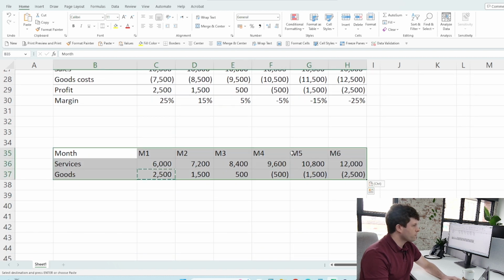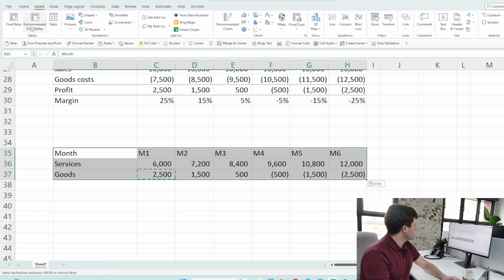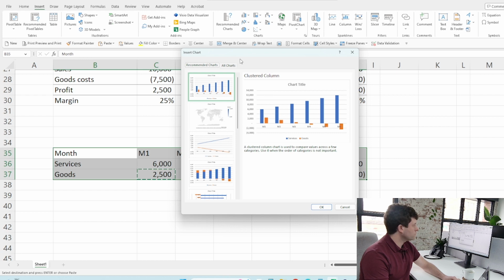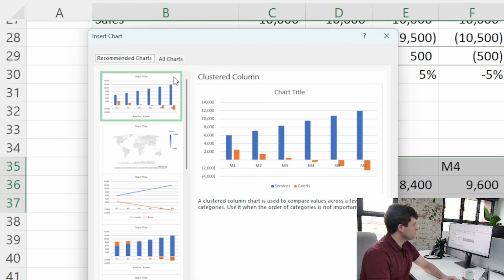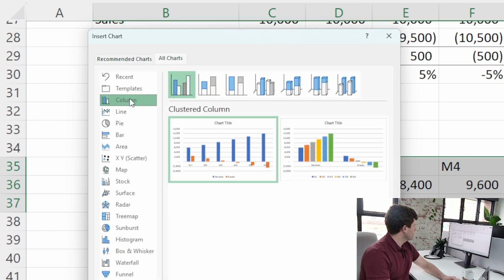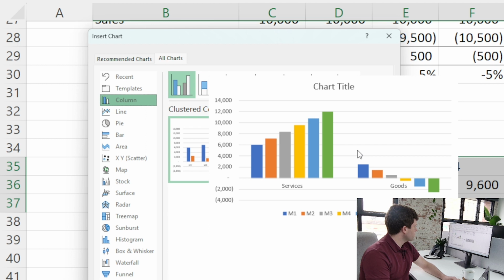There's all sorts of graphs available within Excel, but the one that I think will show this best is going to be a bar chart with services and goods grouped like that.